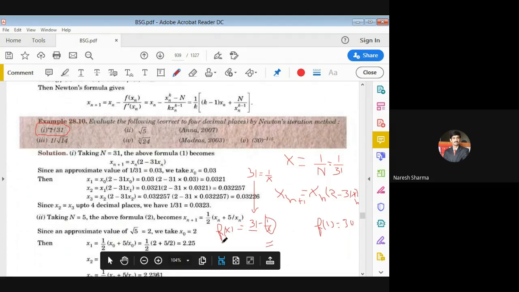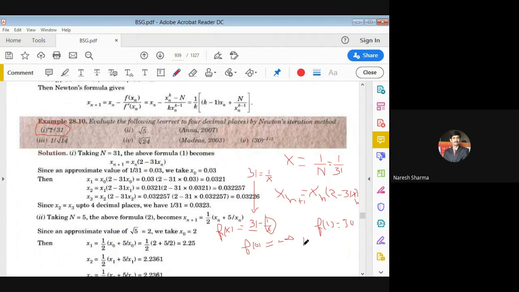So at 0 you observe f of 0 gives minus infinity. That means on the negative side we get some result, right? So your root at this stage should lie between 0 and 1. You can put any value between 0 and 1, like 0.1, 0.2, 0.01, 0.02, 0.03, whatever you think.